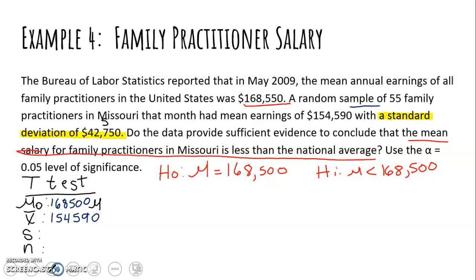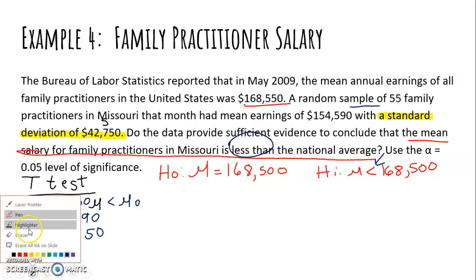Then our S is our standard deviation, 42,750. N is our sample size, that was 55. And the last thing it's going to ask for is our alternate statement, and our alternate statement is that it is less than. So you will choose the less than symbol.